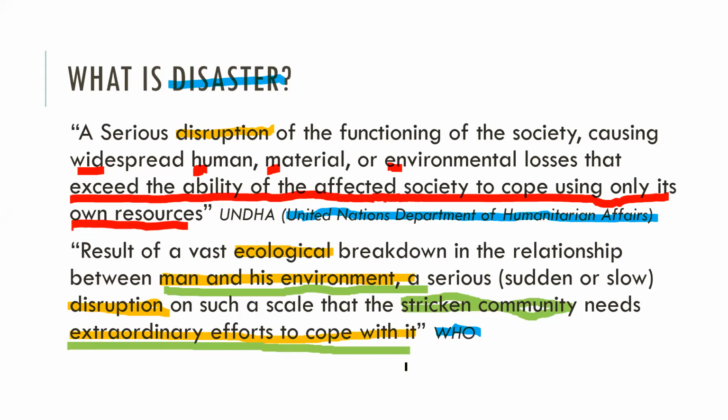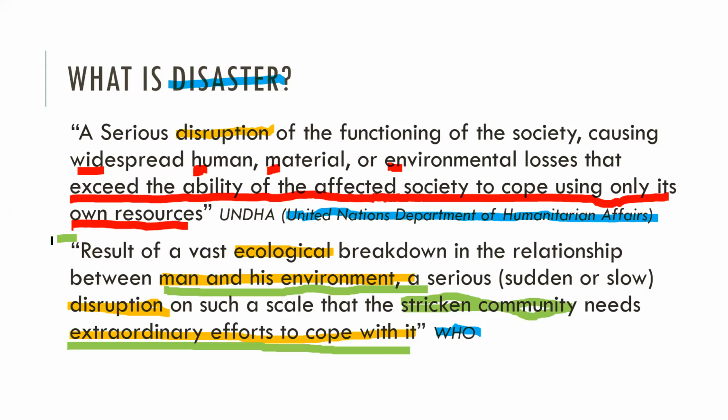If we have a flood, for example, there is a breakdown between us and our surrounding environment. The river, for example, which is flooded, caused a problem. There is no balance anymore. We need the river to be at a certain level, but this level of water becomes much higher. So there is a breakdown in the relationship here.